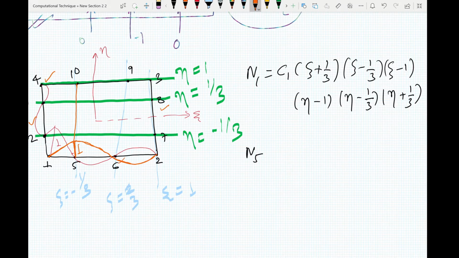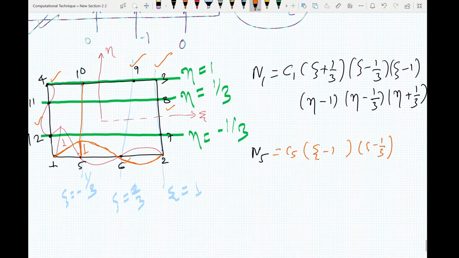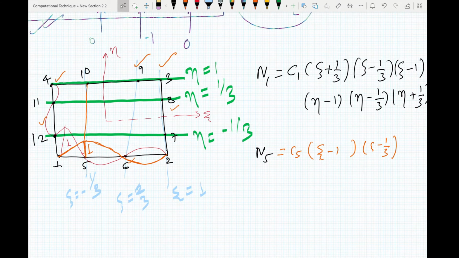So for this one, what you have to do is n5 will be c5, you can write here. It should be 0 along xi minus 1, so right here xi minus 1, and then the other one is xi minus 1 by 3. There's this line and this line, and then we have the other line, that is xi equals minus 1, so I'll have xi plus 1 as well.